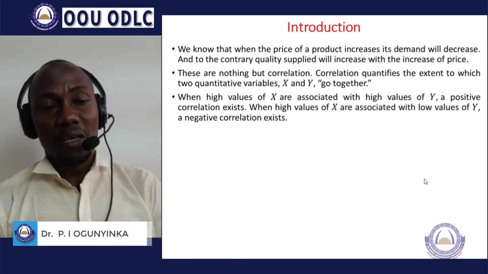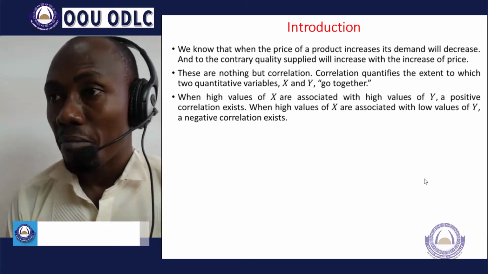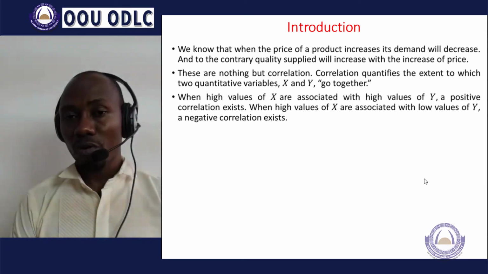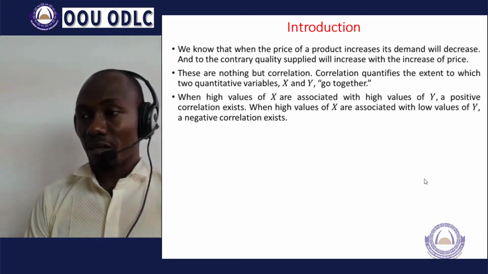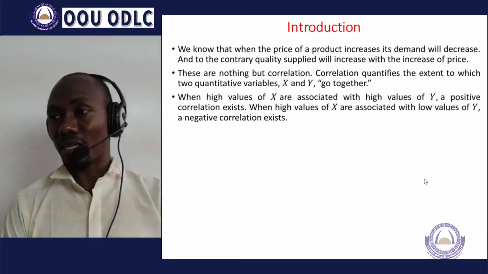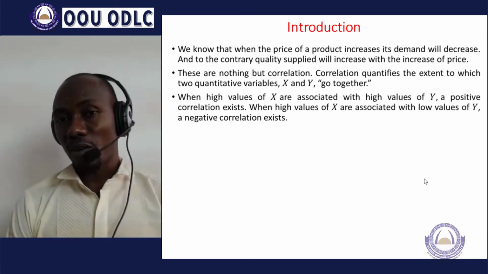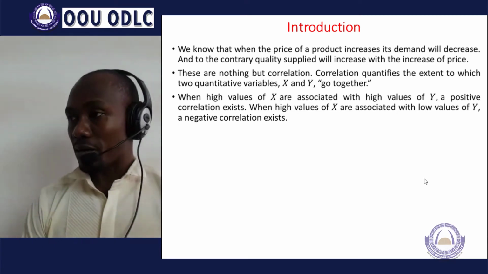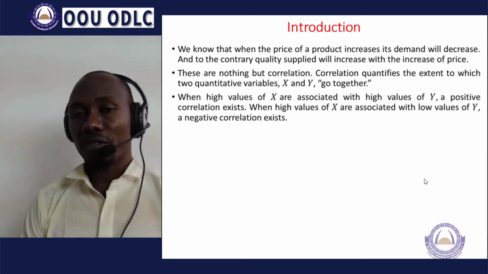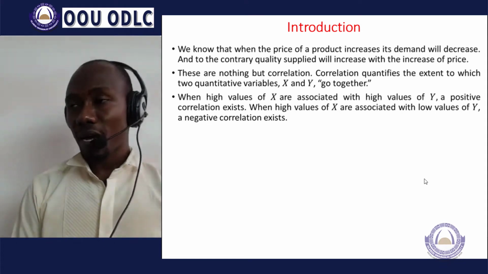Let us take the instance of the conventional markets. When there is an increase in the price of products in the market, the consumer will prefer to reduce the amount demanded. However, when there is an increase in the price of products in the market, the supplier or producer will prefer to supply more, increasing the quantity supplied into the market.